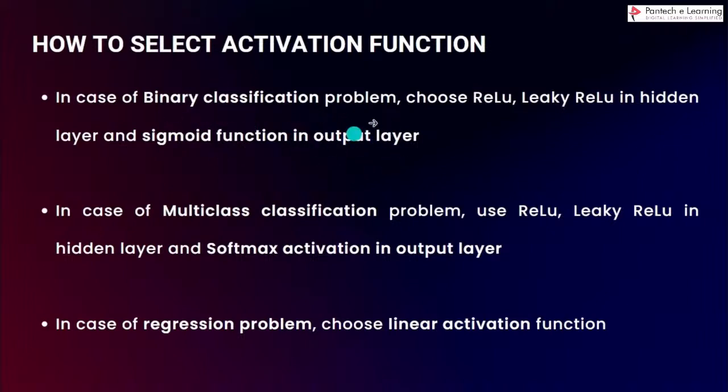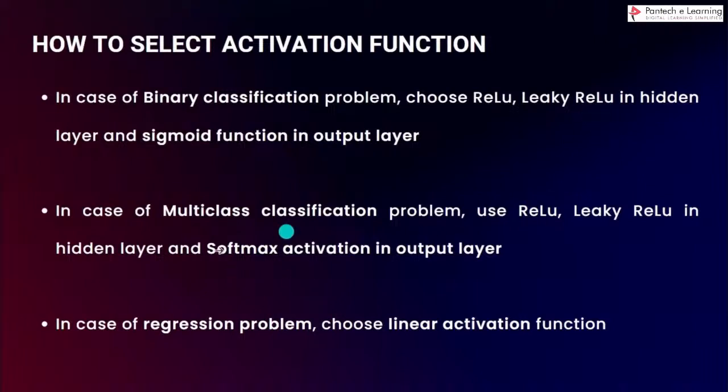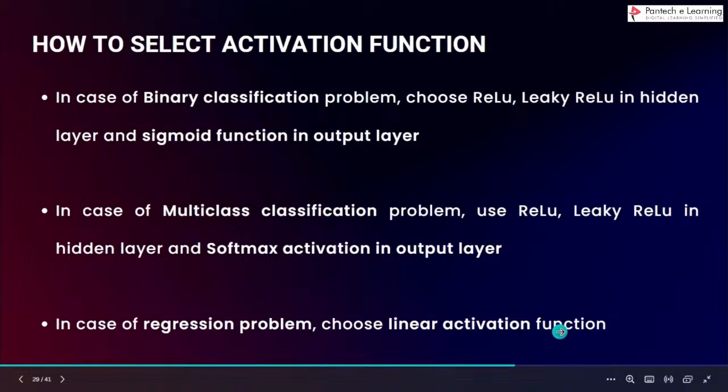But since it's a binary classification, we need it in the output layer only. When you go for a multi-class classification problem, we use ReLU and leaky ReLU in the hidden layers and finally a softmax layer in the output. Why softmax? Because it's multi-class, we need to find who is most probable. So softmax is used in multi-class classification problems, and in case of regression, we use the linear activation function.